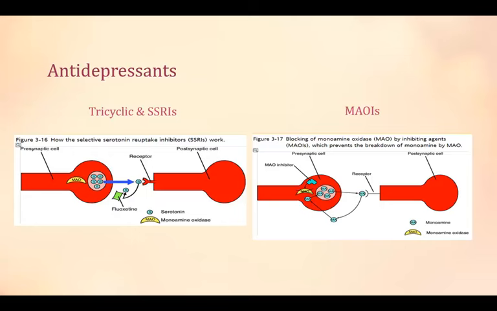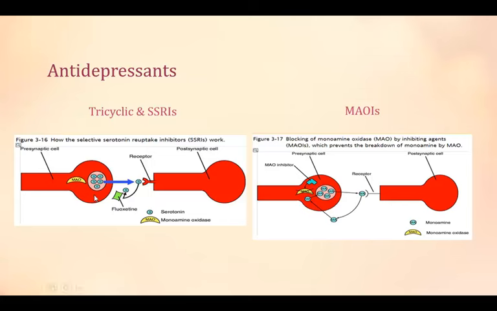So we have tricyclics and selective serotonin reuptake inhibitors. Remember, these are inhibiting or blocking, right? So I think we get the inhibiting part. So if you have serotonin here and it cycles back, let's just not think about that green square there for a minute.